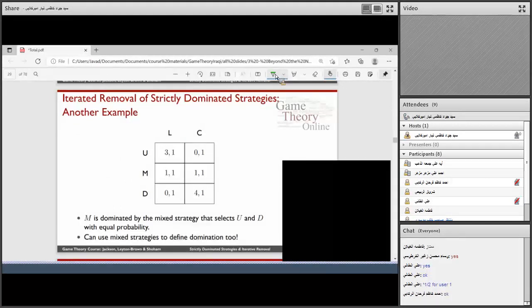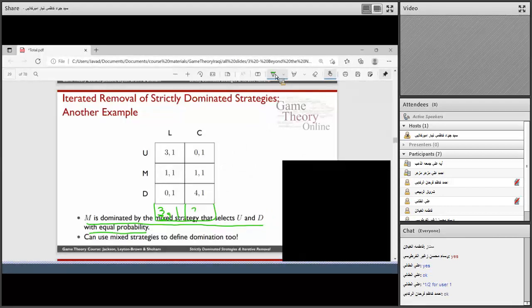So again, we didn't teach this, but I'll briefly explain it. It says M is dominated by the mixed strategy that selects U and D with equal probability. In other words, if I define a new row here, which is a mixed strategy that selects U and D, then you get 3 halves plus 0 over half, that's 3 halves. 1 half plus 1 half is 1.